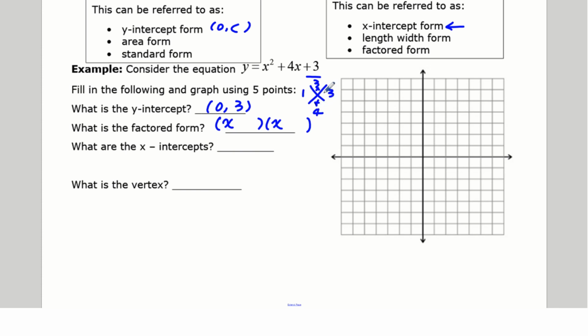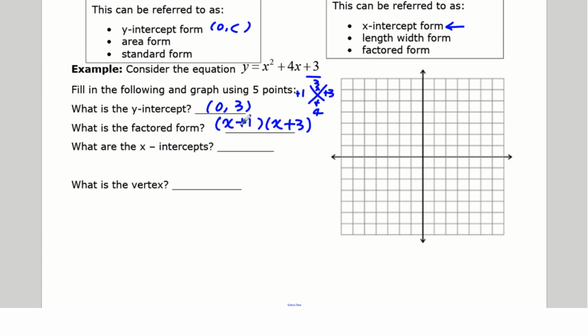Add together to 4, so the larger number needs to be positive. Multiplying to 3, both need to be positive. So we put plus 1 and plus 3 in the brackets, the two numbers we found. Then this is factor form.